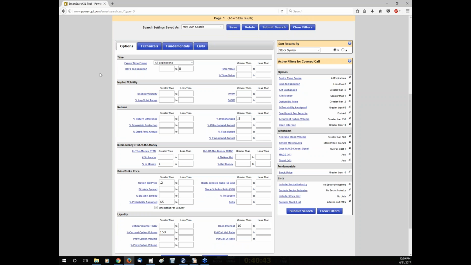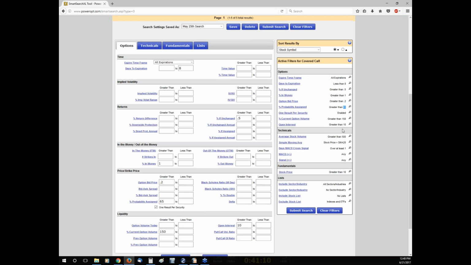So again, rather than finding a stock list on your broker that matches certain fundamentals or technicals, then picking a stock and going to a buy-write chain or something along those lines, I can put in specifically the criteria that I want. This was a weekly search looking less than 8 days out in time, minimum return of 0.5%, option bid price greater than 20 cents, still with a 65% probability, some volume and open interest.